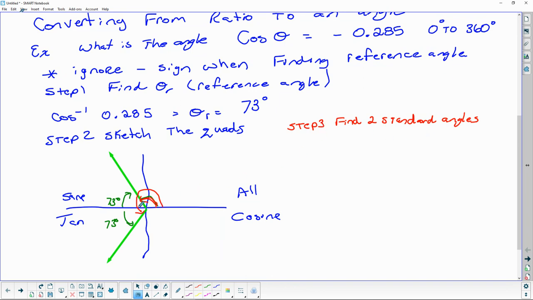So this is 73. What's this little angle left then? Well, this is 90 degrees. So this little angle left would be 90 minus 73, which would be 17. So this is 90 plus 17. So theta would equal 90 plus 17. That's 107.